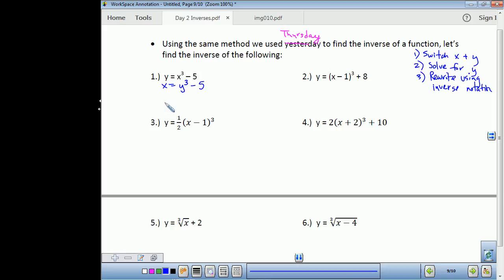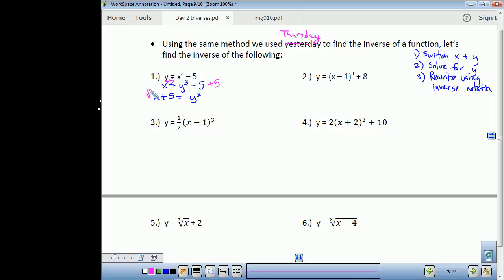Step 2 is to solve for y. On this equation, what do I need to do first to start solving for y? Add 5 to both sides. That is exactly what we do. So now we have x plus 5 equals y cubed. What is the inverse operation to cubing? Taking the cube root.